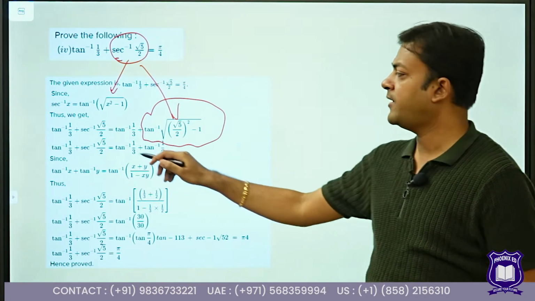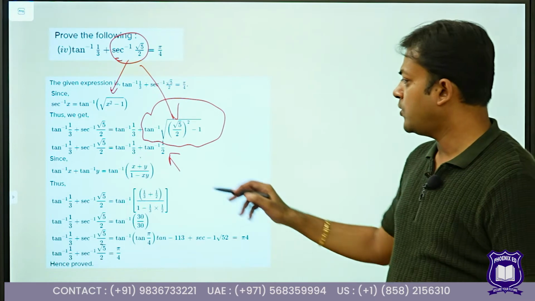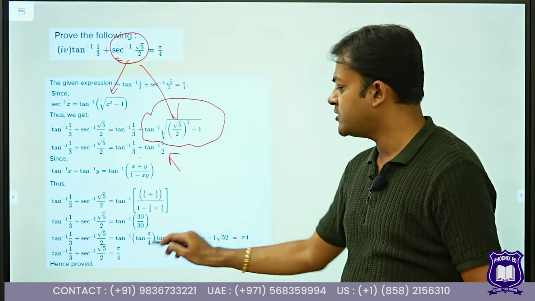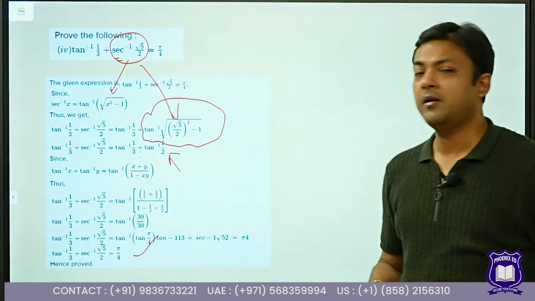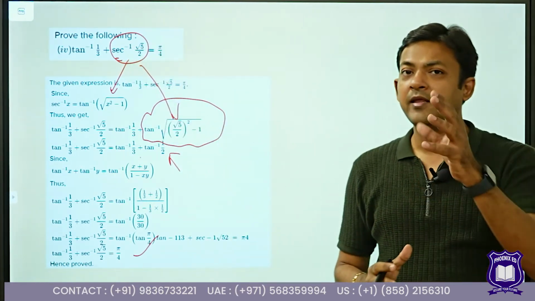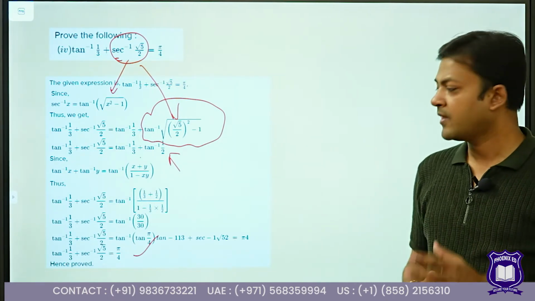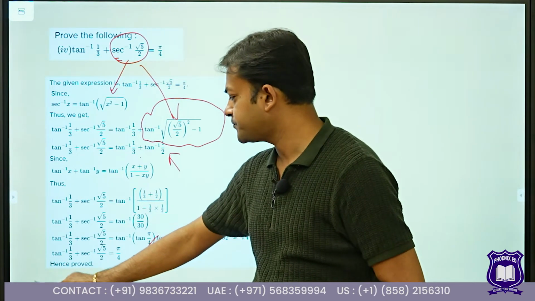Now we need to simplify tan inverse 1 by 3 plus tan inverse half. The value comes out to be tan inverse of 1, which is pi by 4. Again, an important problem because we are first converting sec inverse to tan inverse and then applying the formula of tan inverse A plus tan inverse B. Let's go on to the next one.